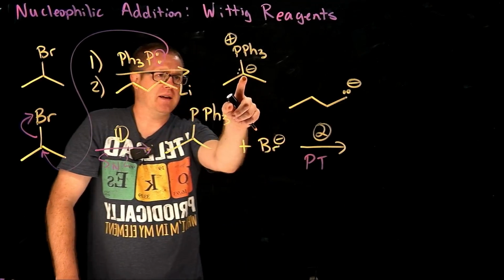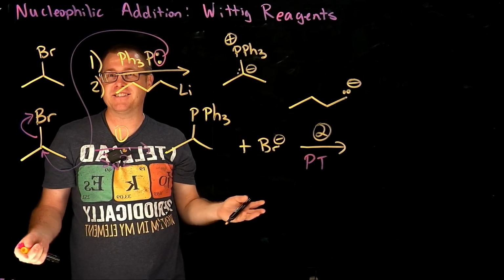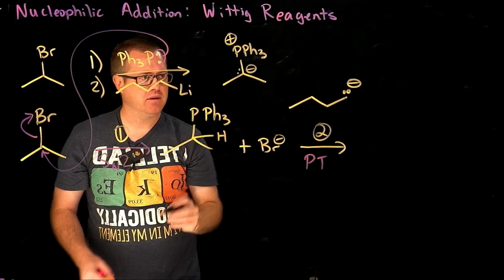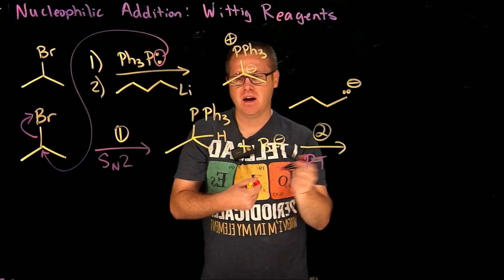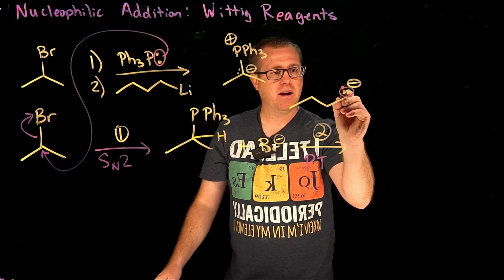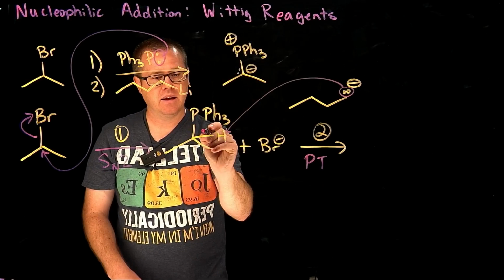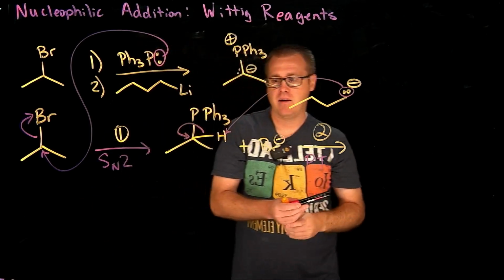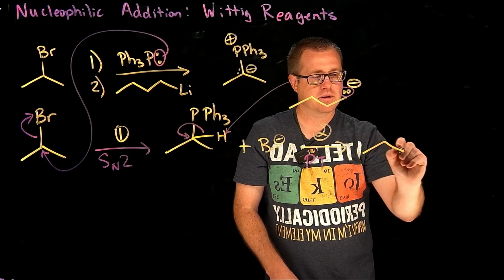So when we take a look at that final product, what hydrogen has to go? Well, it's going to be that one. So that's going to come, use that lone pair there, abstract that proton, and giving the electrons to the carbon. And that will then generate our product that looks like this.